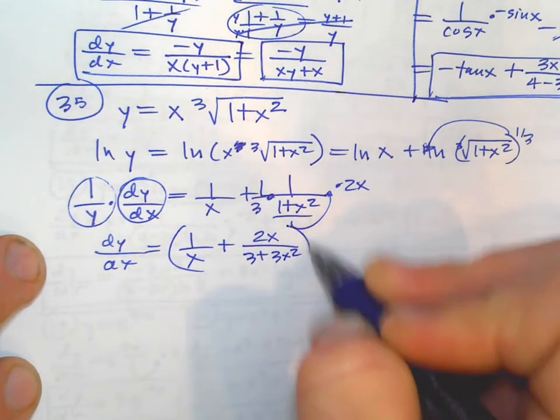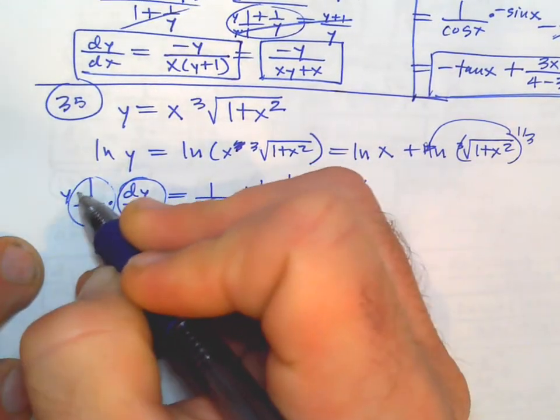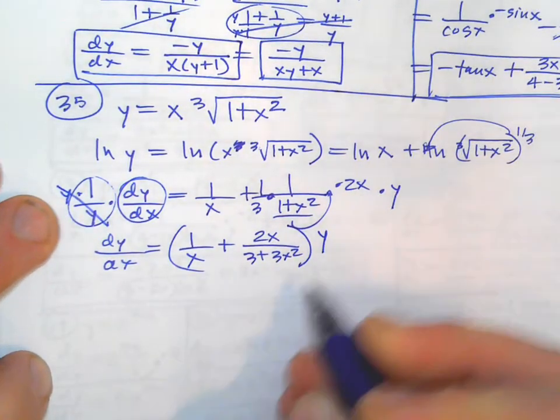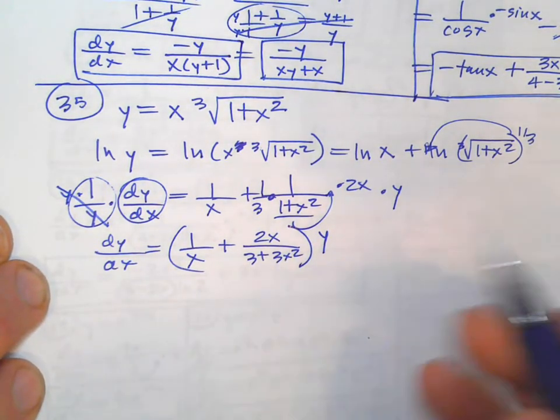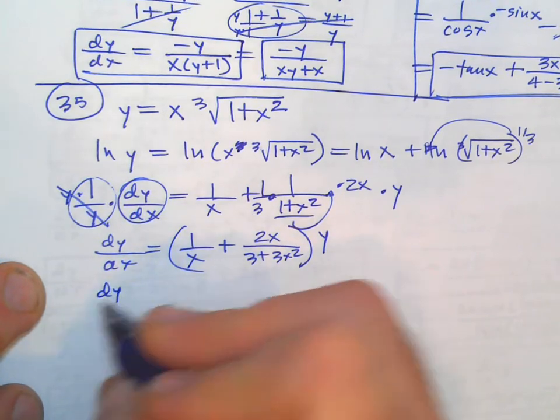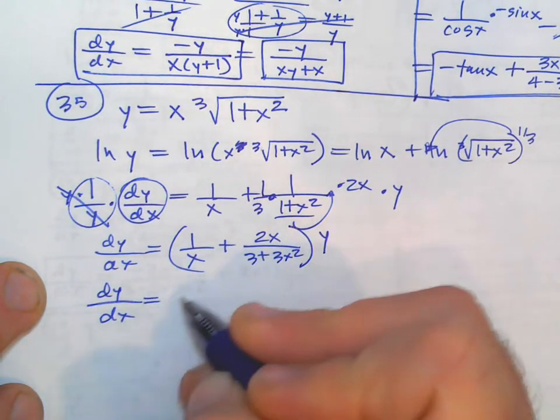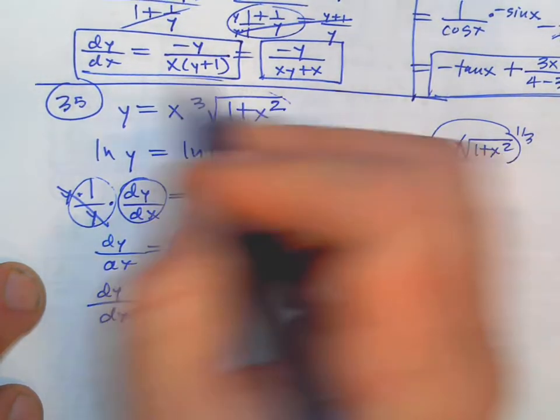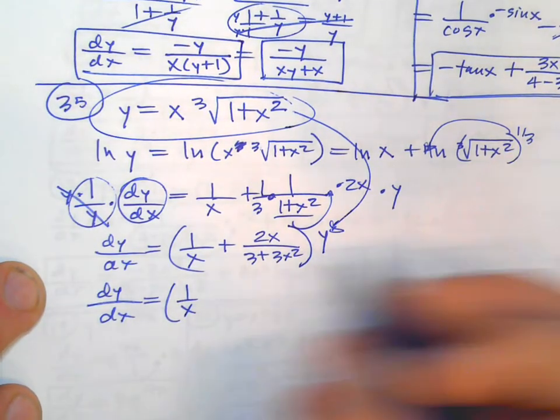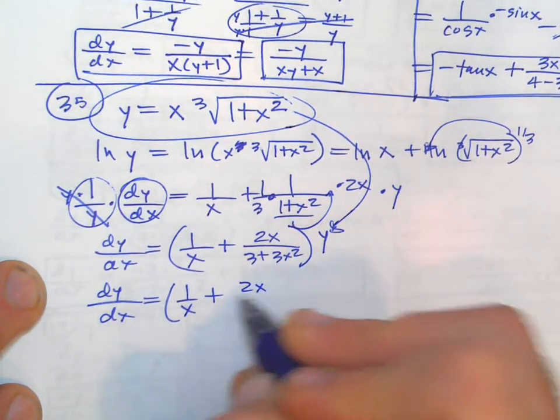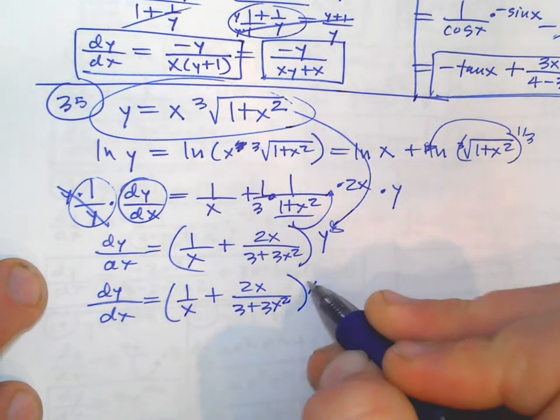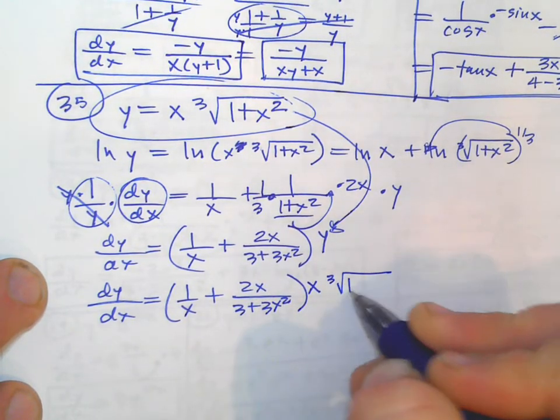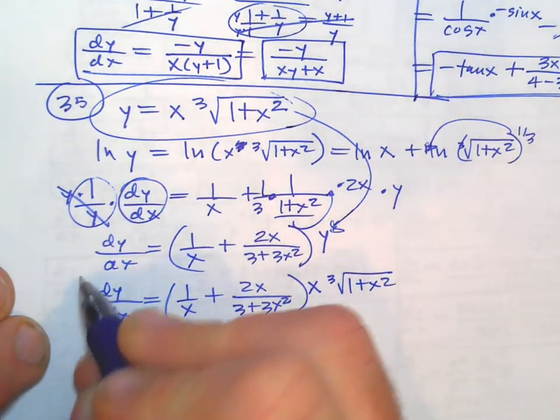But then we've got to multiply both sides by y. I don't want a y in my final answer. If it was designed to be implicit to begin with, then fine, we can have y's in the answer. But since we made it this way, it's easy. This is what y is, so we can just plug that in right there, and now it's all in terms of x.